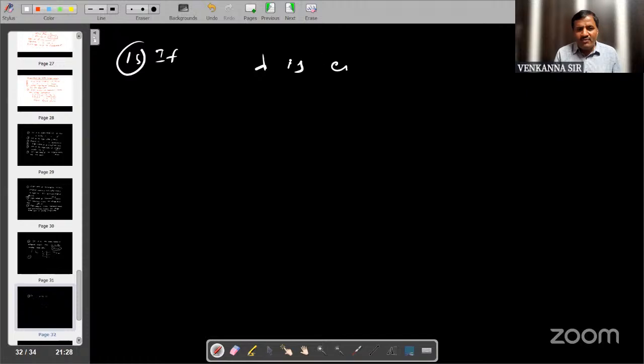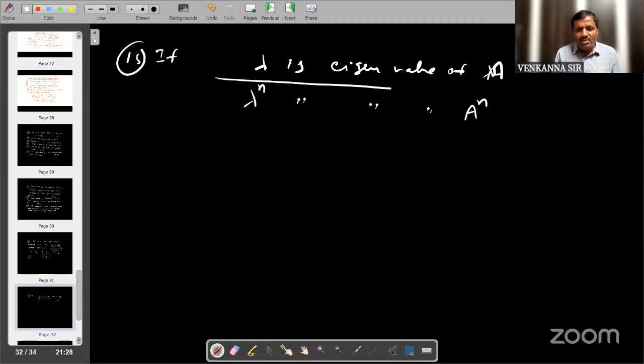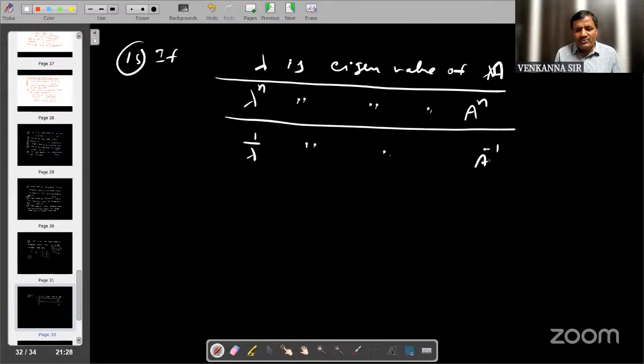If lambda is an eigenvalue of A, then lambda power n is an eigenvalue of A power n. Remember this. 1 by lambda is an eigenvalue of A inverse.